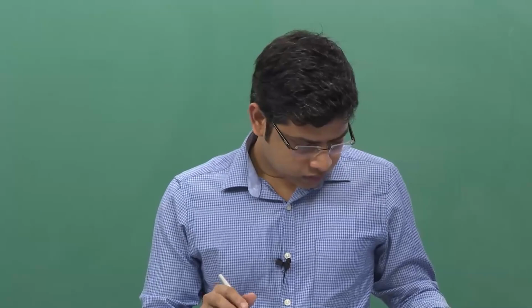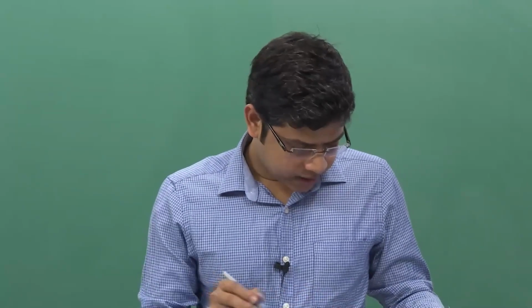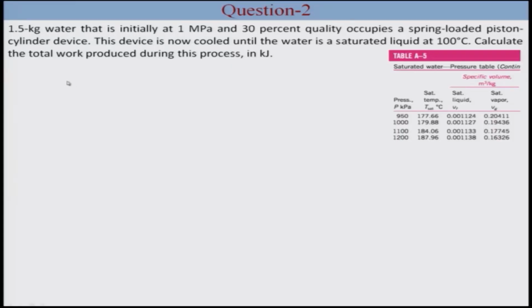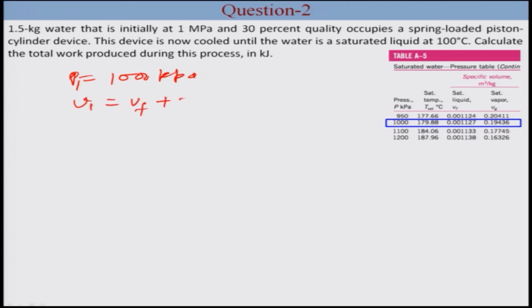Okay. So now we need to know the value of these variables P1, P2, V1 and V2. Initially we know P1 equal to 1000 kilopascal, so the corresponding V1 can be calculated as Vf plus x times (Vg minus Vf). These values can be taken from the saturated water table corresponding to 1000 kilopascal, which is here.